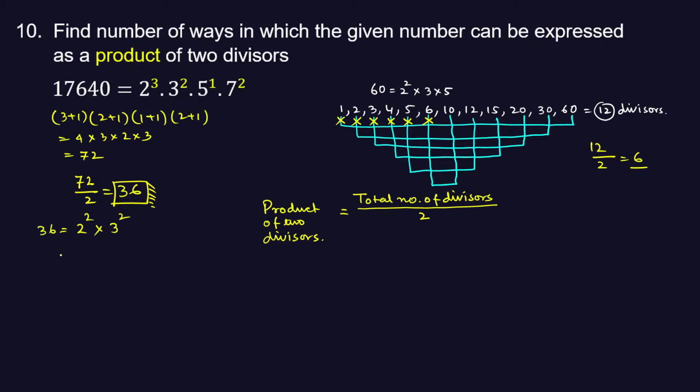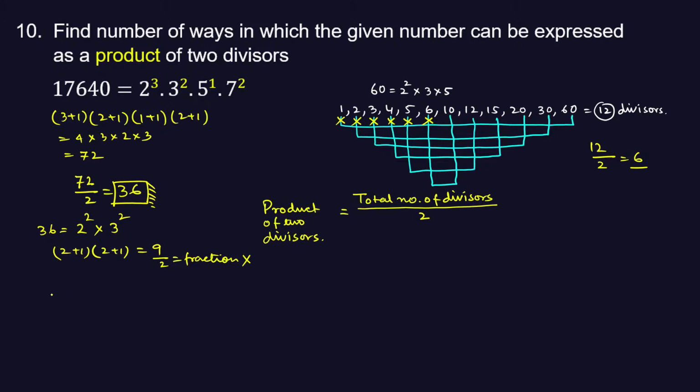Now, total number of divisors here will be what? 2 plus 1, 2 plus 1, so it gives us 9. And 9 when divided by 2 gives us a fraction. That is not possible. That is not at all possible. So in that case, what to do? Let me just do it analytically first.